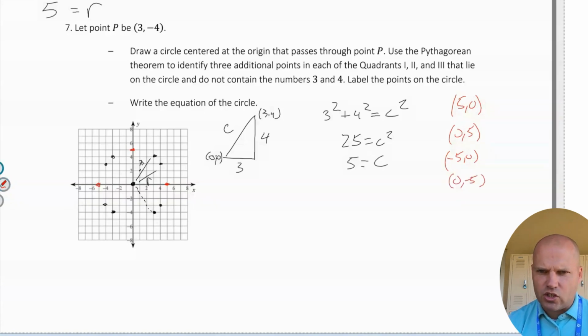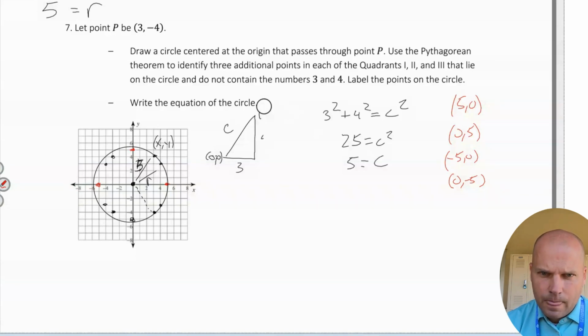Well, why don't we just start with the equation of the circle that we produced? So what is the equation of this circle? Well, it's the collection of all x's and y's where the hypotenuse length is 5. We can change this to x and y.